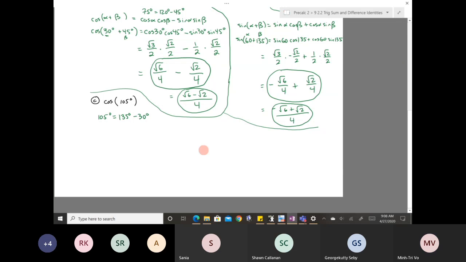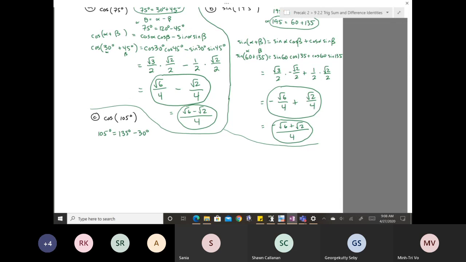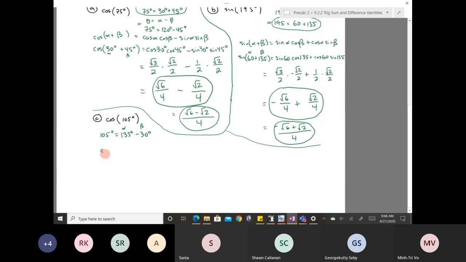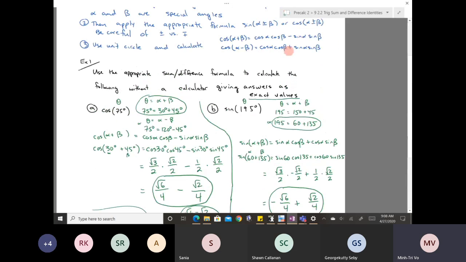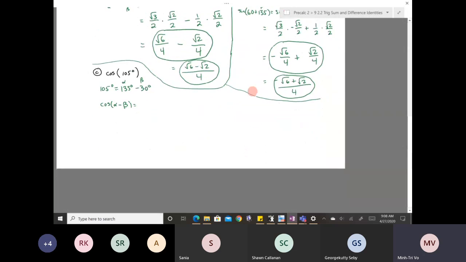So this is alpha, this is beta, and we're using the difference formula for cosine. So cosine alpha minus beta is this one here: cosine alpha cosine beta minus sine alpha sine beta.